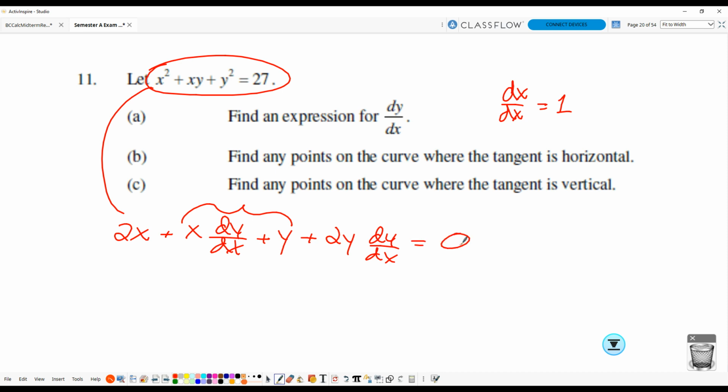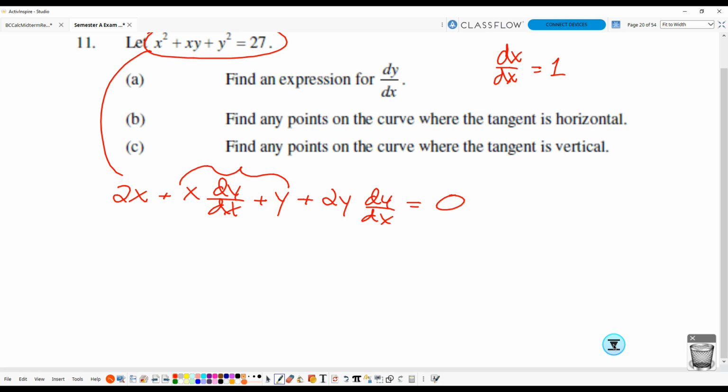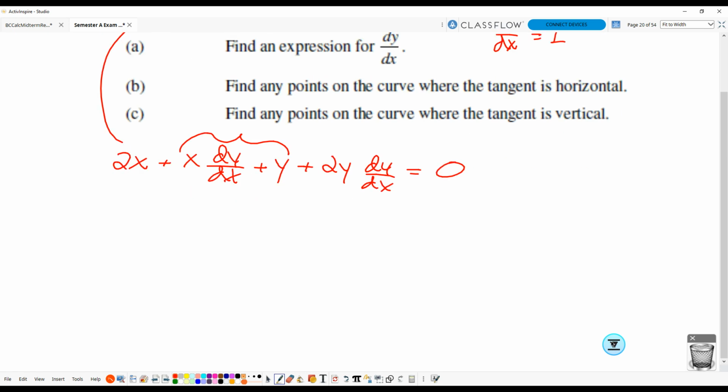Okay. And then it's just a matter of moving things around so you get dy/dx by itself. How do I finish? I did all the calculus, you just got to do the algebra.